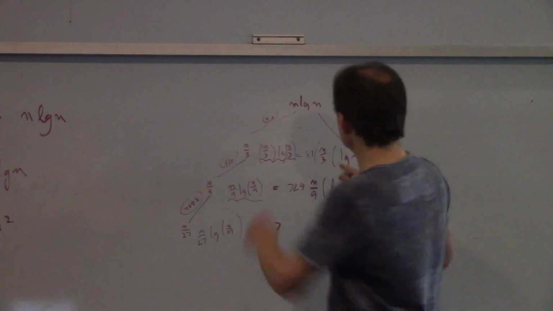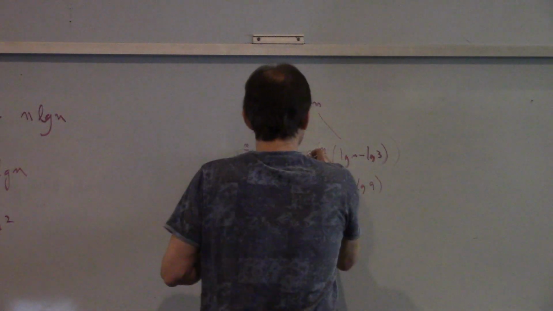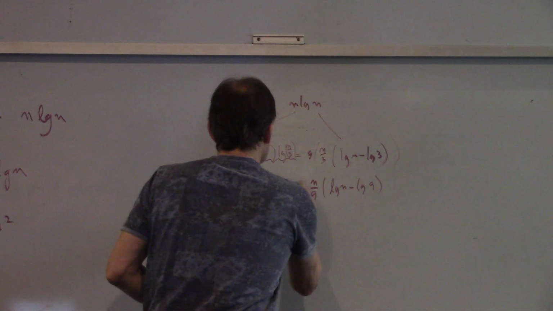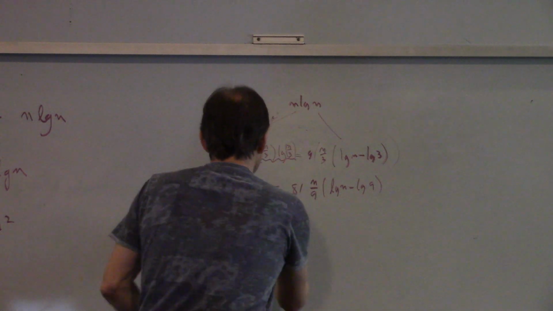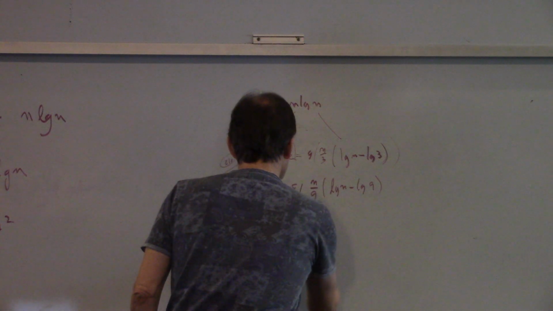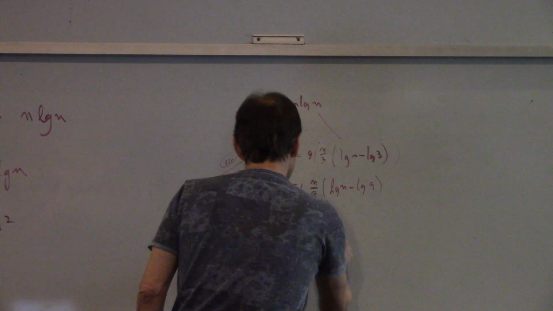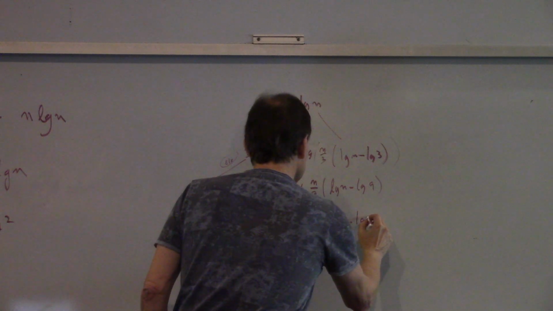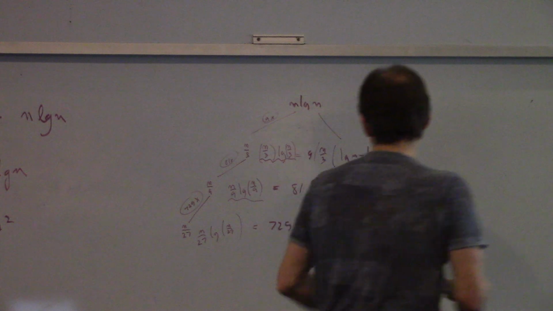This is 9, this is 9, right? This should be 9, I made a mistake because we're getting 9 here. This is going to be 81. Sorry, guys. And this finally will be 729 times n over 27 times lg n minus lg 27.